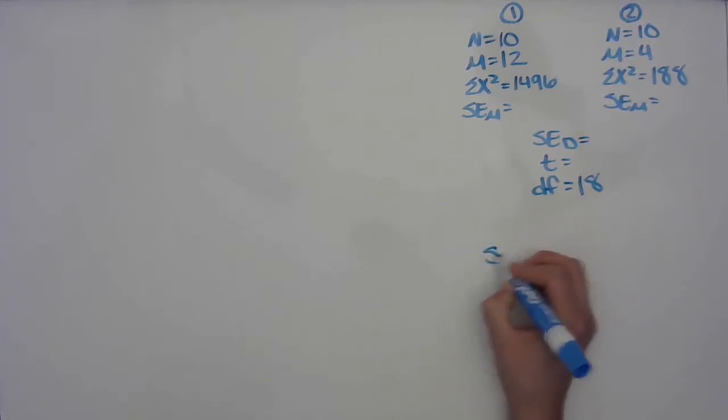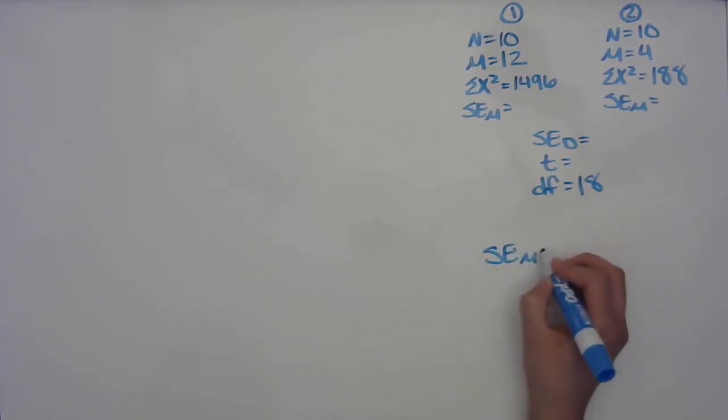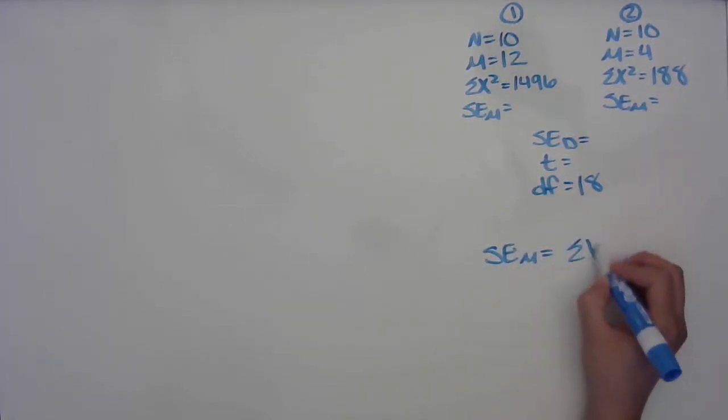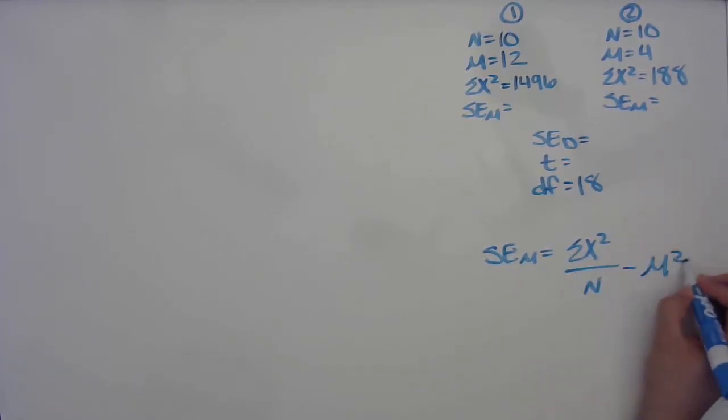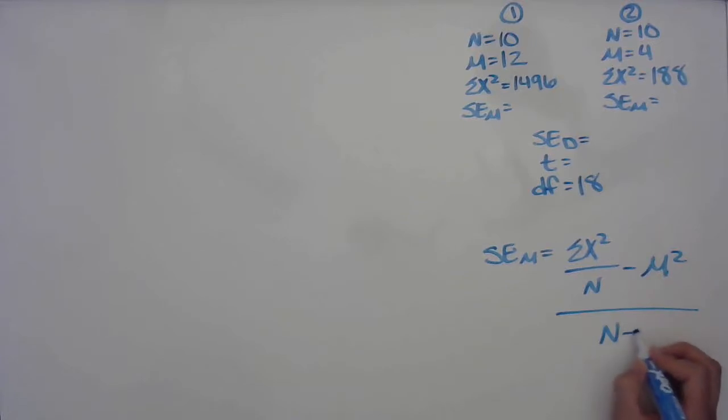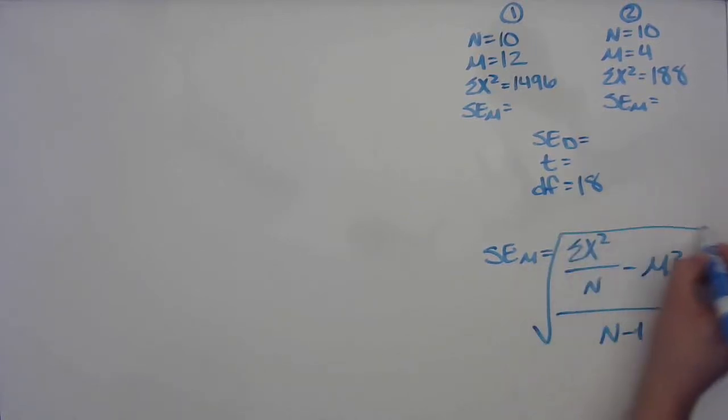Next, let's work on finding our standard error of the mean. So the formula for standard error of the mean: sum of squares over n minus our mean squared over n minus 1, and we're going to square root all of that. Okay, so we have all of the numbers that we need for that, so let's just go ahead and plug in the values. And we need to do this twice because we have two different groups.